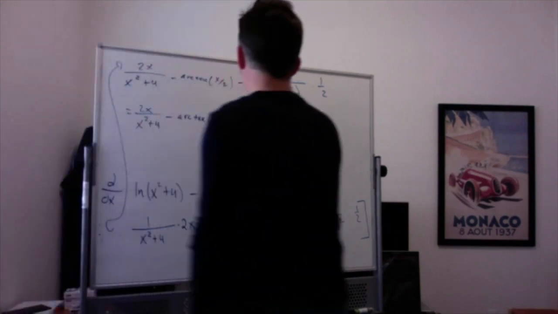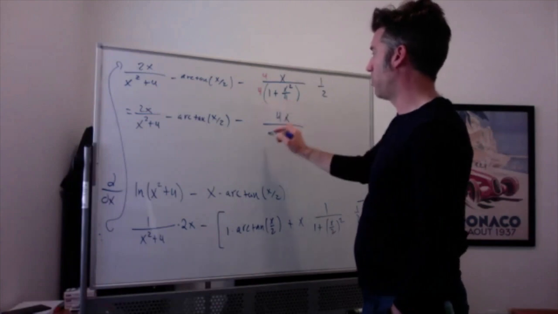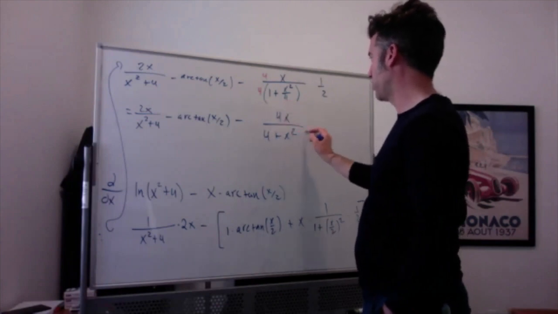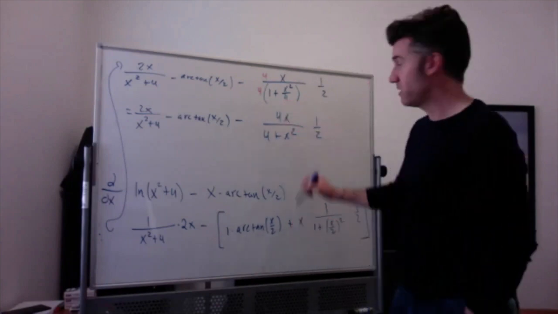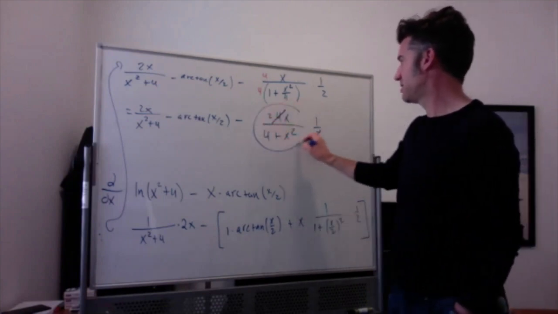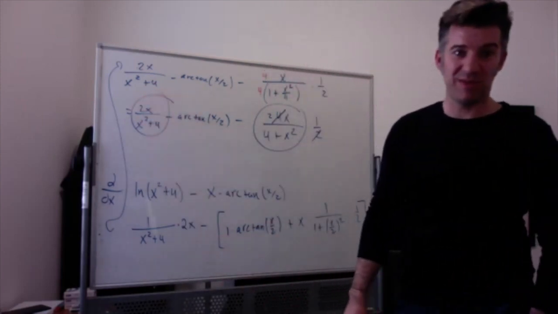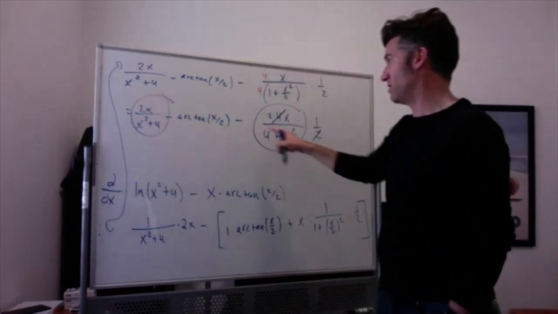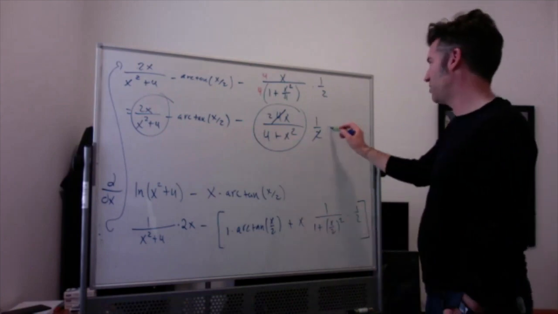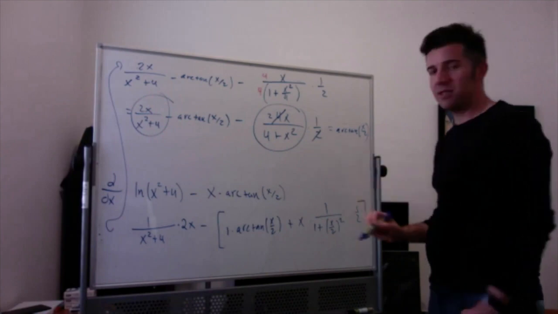And then I get minus 4x over, distribute the 4, plus x squared times 1/2. Cancel a 2 here and a 2 here. And this and this are the same, so they cancel out because this one's positive and that one's negative. So you end up with just arctangent of x over 2. It's kind of a good question.